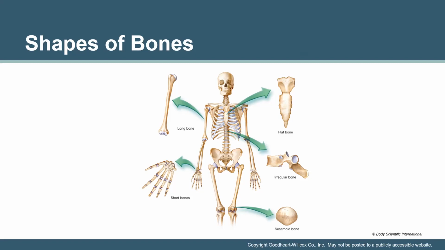We also have bony markings that are components of joints or joint articulations. Within the joint articulation, some of the names or words we'll see associated with them would be a facet. An example would be one of the joint articulations within the vertebra or between the vertebra.